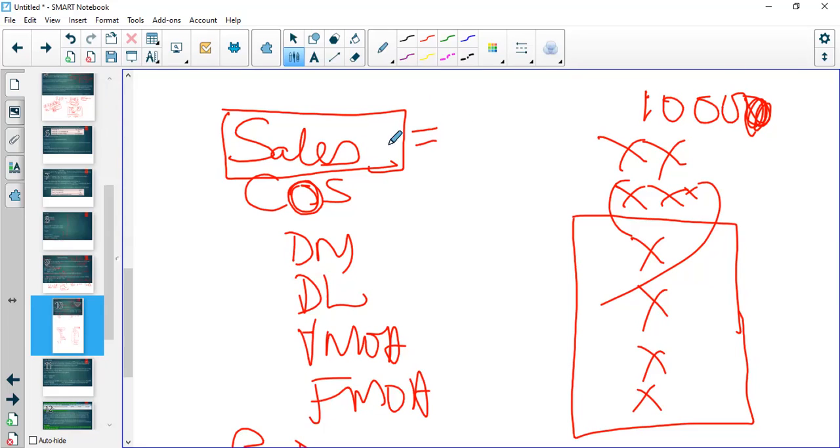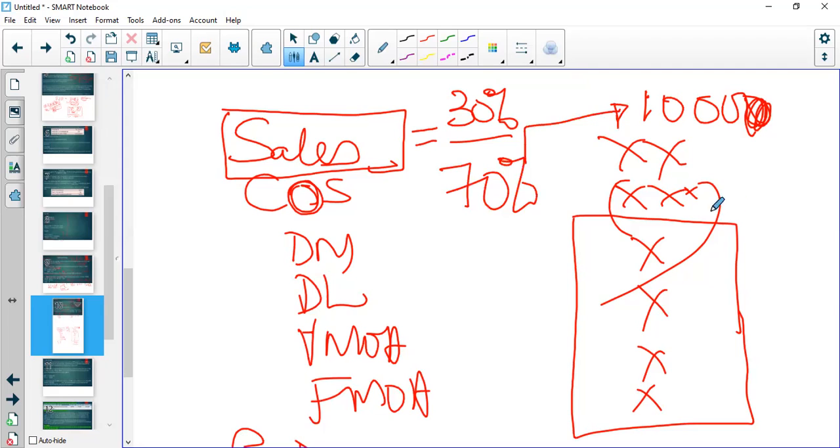So let's say the markup on sales is 30%. It means the cost of sales is going to be 70% of the selling price. So in this case, you know that your cost of sales should be 700, that's 70% of sales.